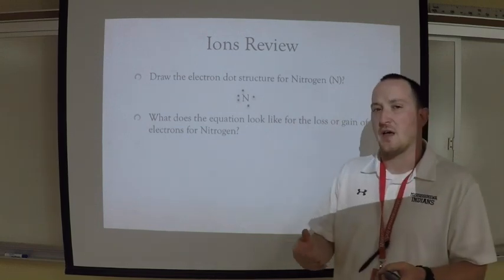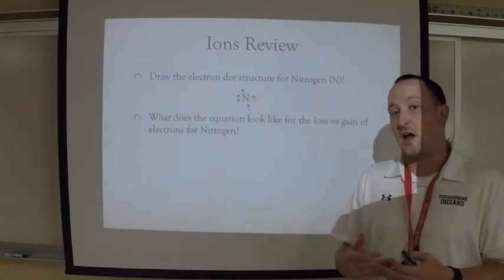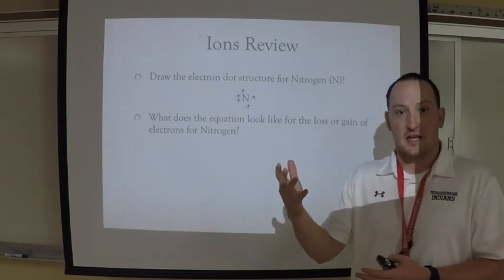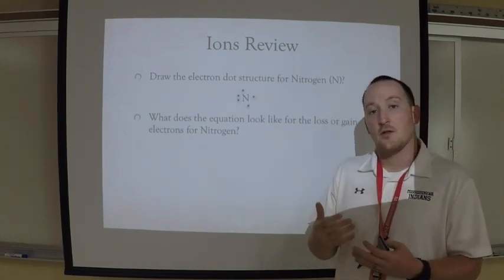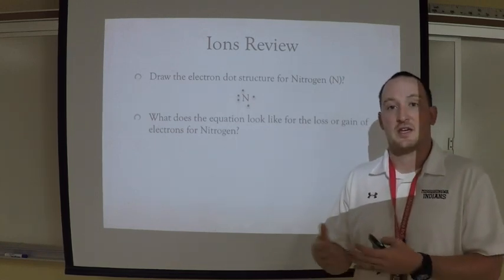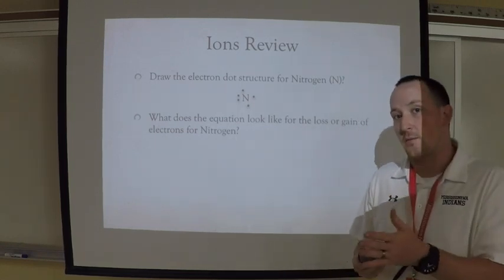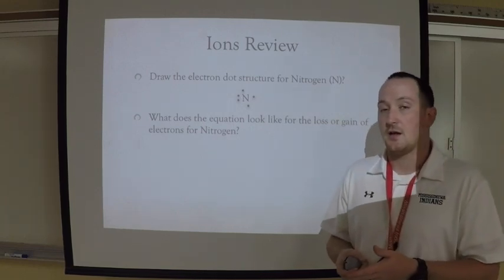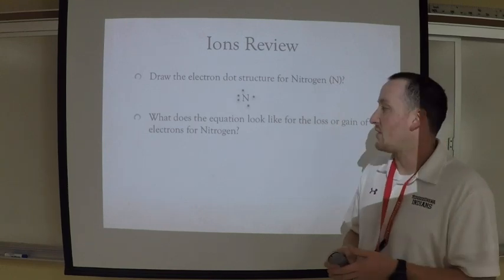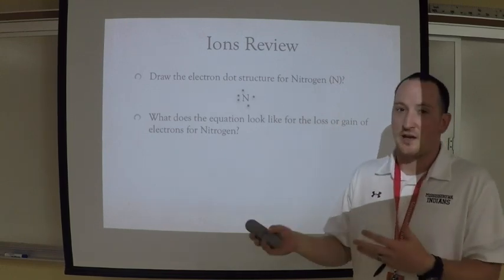What you'll find is that atoms that have 5, 6, or 7 valence electrons want to gain electrons to get to 8. And atoms that have 3, 2, or 1 valence electrons want to lose those electrons so they can get to 0. The ones right in the middle, with 4 valence electrons, can kind of go either way, and it depends.